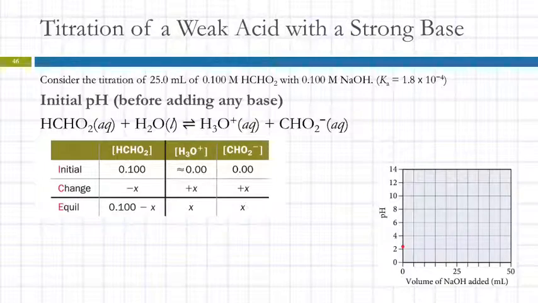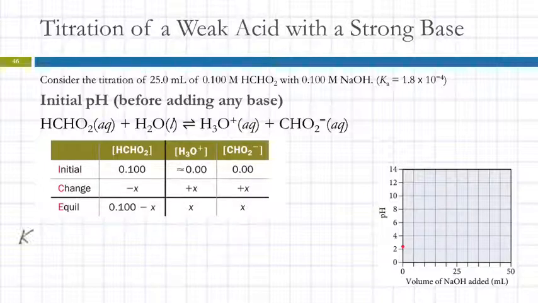The other calculations, though, are going to be a little different because of the weak acid. So here our Ka is 1.8 times 10 to the minus 4 for this acid. The initial pH, we've done a bunch of these in chapter 16. We're going to look at the initial concentration of the acid, and then it's going to dissociate or ionize. And so we set up an ice table, and we've got this relationship here.